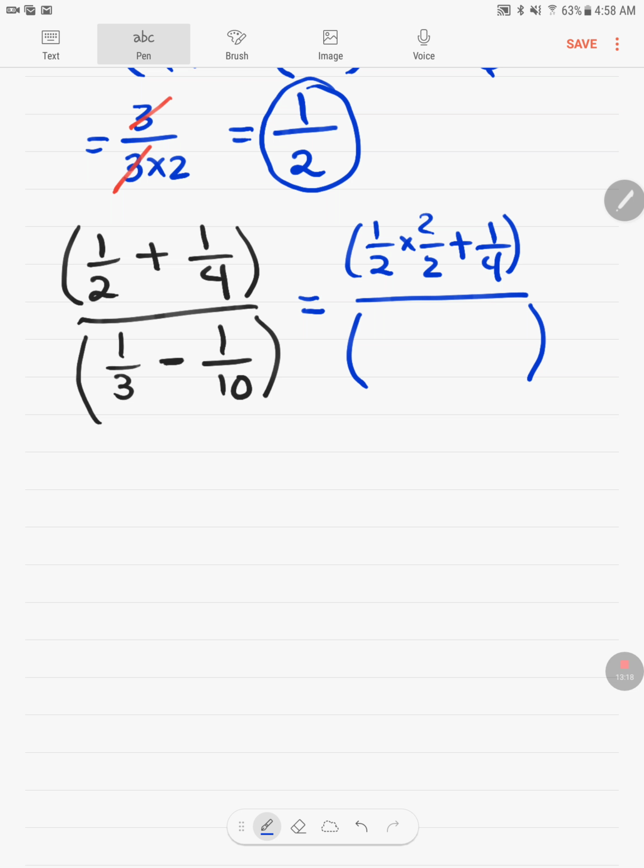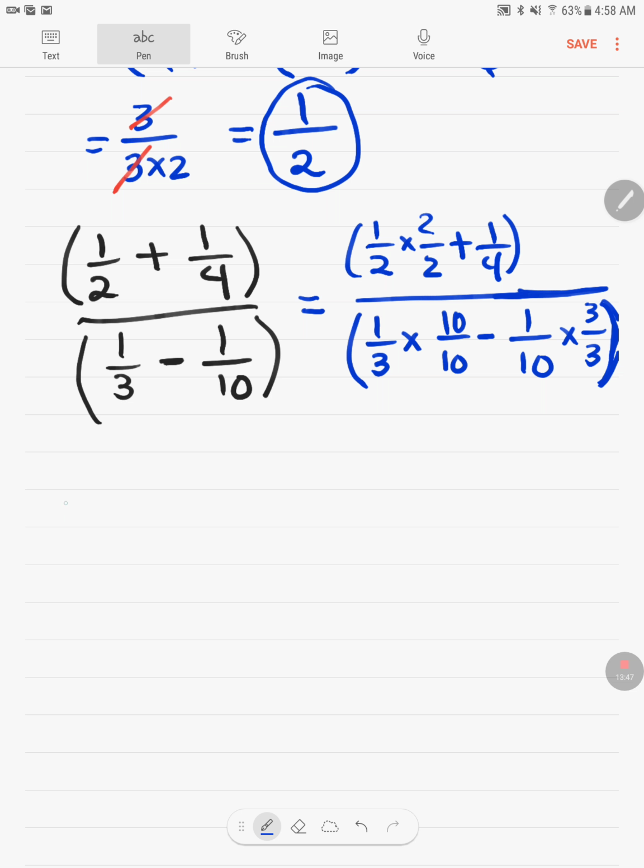The simplest answer would be 30. So we'll have 30 as our common denominator. So how to make the 3 into a 30? We multiply by a 10 and divide by a 10, minus 1/10. To make it into a 30, we multiply by 3 and divide by 3.